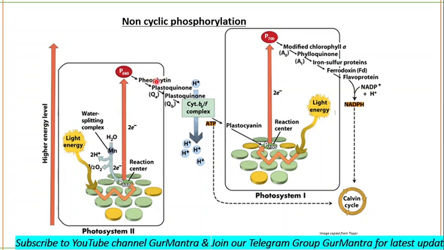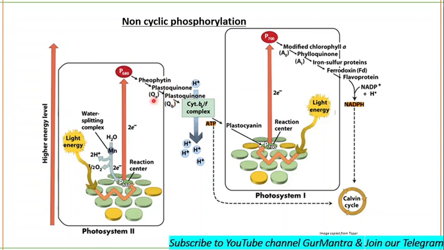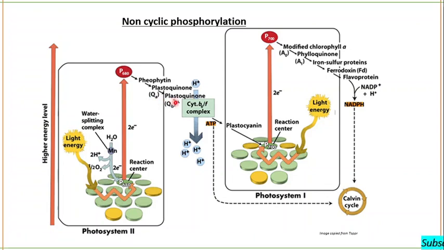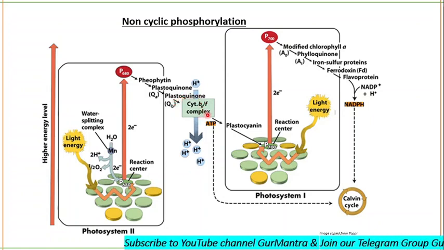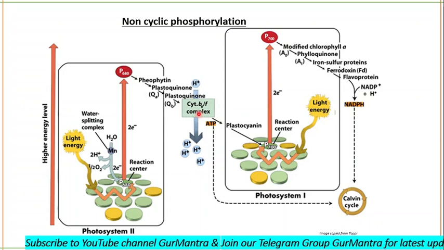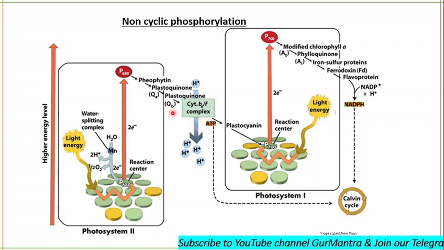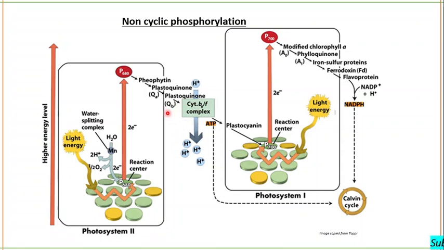That pheophytin will transfer the electron to plastoquinone A and then to B. Plastoquinone A can be reduced only to plastosemiquinone, and plastoquinone B can be completely reduced to plastoquinol. This plastoquinol then binds to the cytochrome b6f complex, which results in the oxidation of plastoquinol. Okay, plastoquinol now gets converted again into plastoquinone.